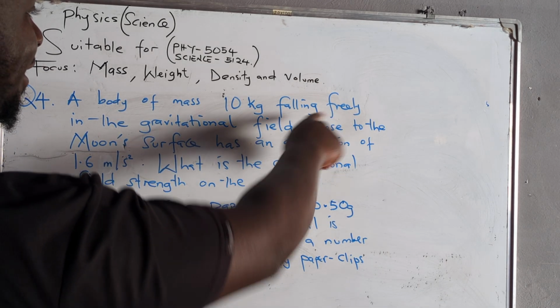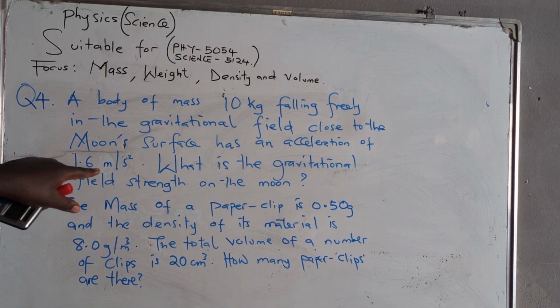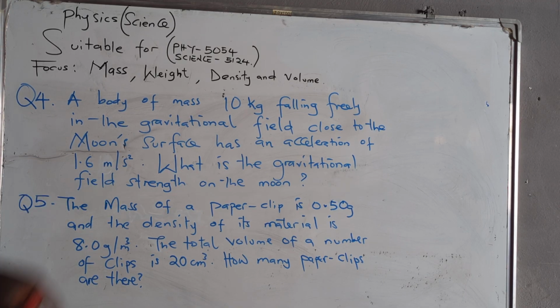Its mass is this one and it's falling freely in the gravitational field strength close to the moon surface and has an acceleration of 1.6 m/s². This is the acceleration. What is the gravitational field strength on the moon?